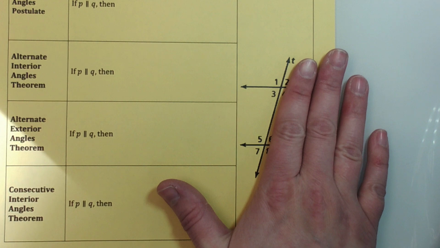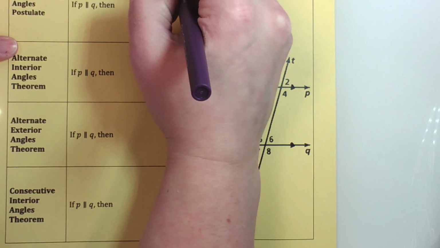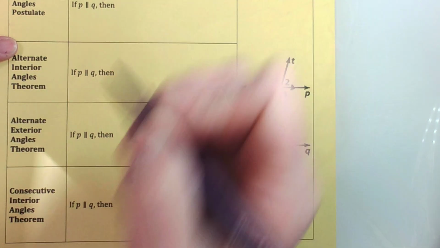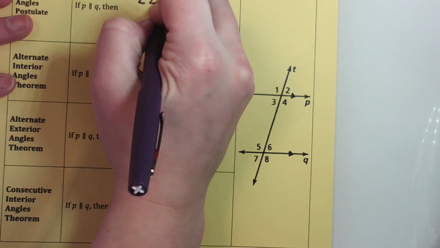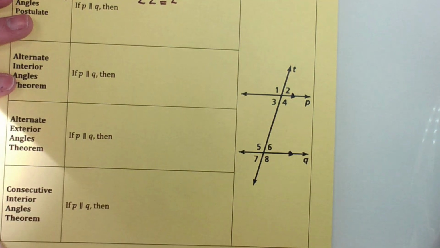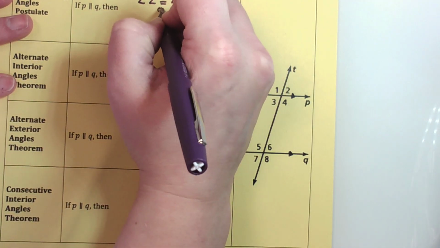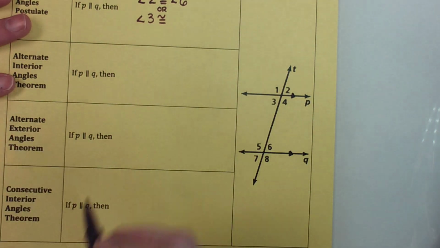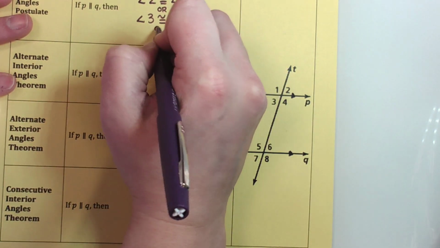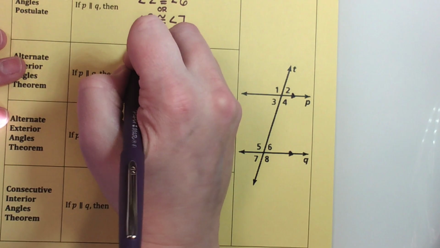Exterior, which means the other one needs to be interior. Angle 1 is congruent to angle 5. Or angle 2 is congruent to angle 6. Or angle 3 is congruent to angle 7. Or the last pair of corresponding angles is angle 4 congruent to angle 8.